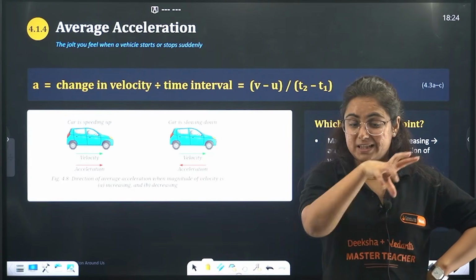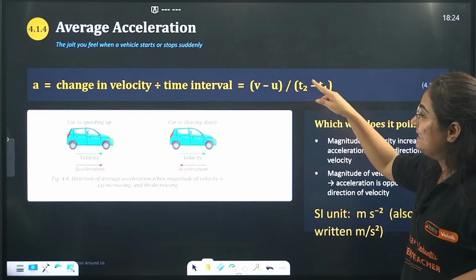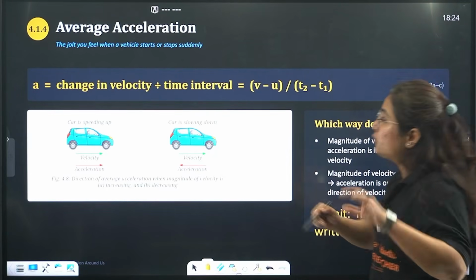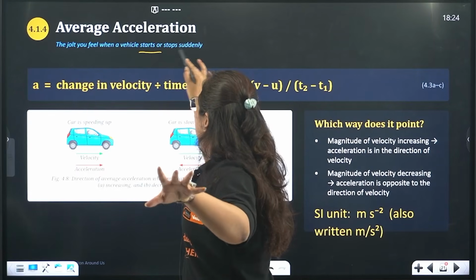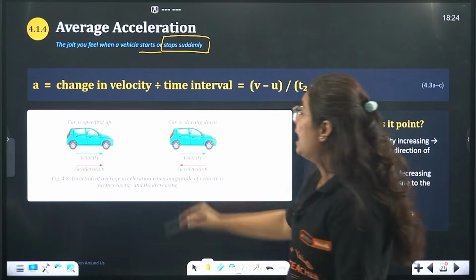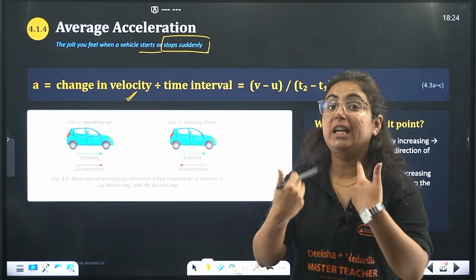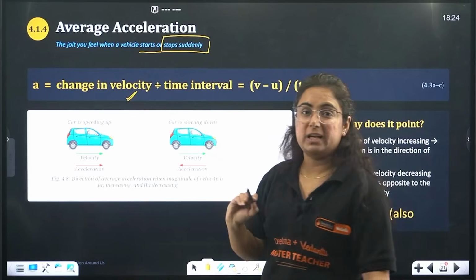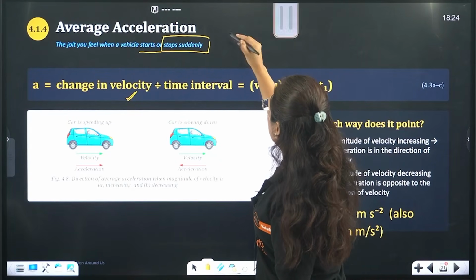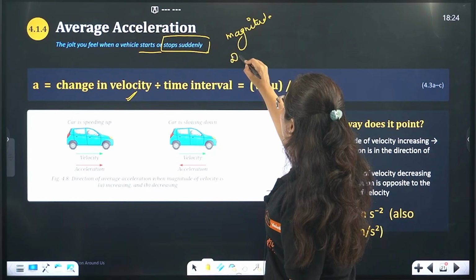From where we started: distance, displacement, speed, velocity. Now we are moving towards acceleration. So the jolt you feel when a vehicle starts or stops suddenly is acceleration, and it is calculated by change in velocity, because acceleration not only talks about magnitude, but it also talks about direction.